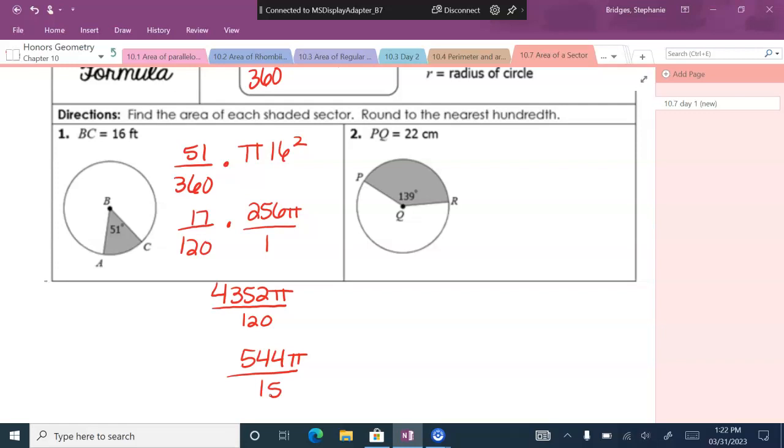Plug in your numbers. We're finding the area of the shaded region. What's my central angle? 139 over 360 times pi times, what is my radius here?